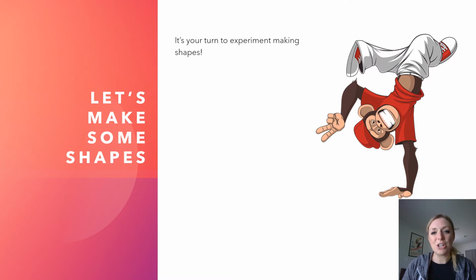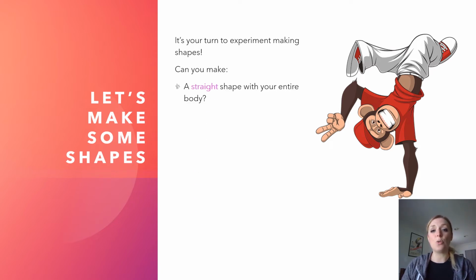It is your turn now to experiment making some shapes. So move away from the screen and make sure you have lots of space around. Can you make a straight shape with your entire body? How can you look straight to the audience? All right, moving on.